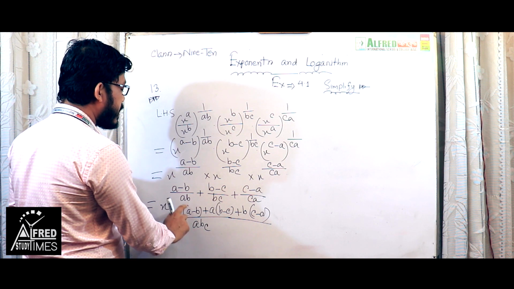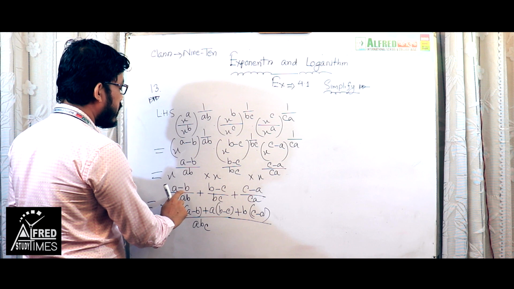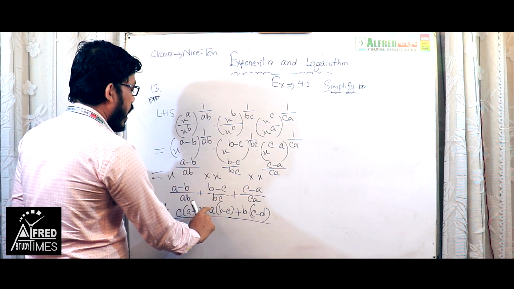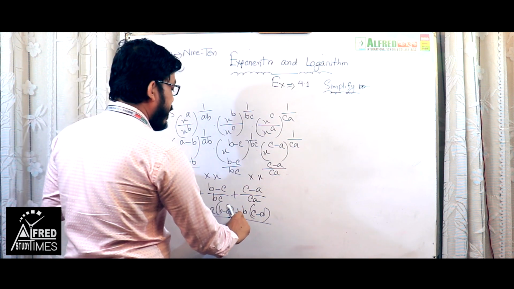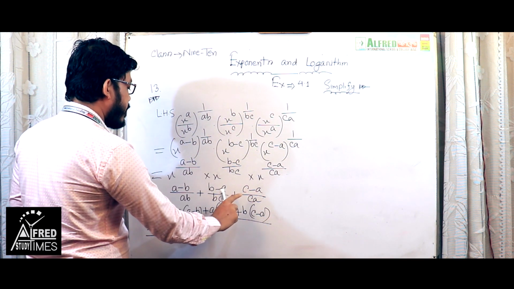If we divide ABC by AB, we will get C, which can be multiplied with A minus B. Next, applying same method, we get A into B minus C from the second fraction and B into C minus A from the third fraction.